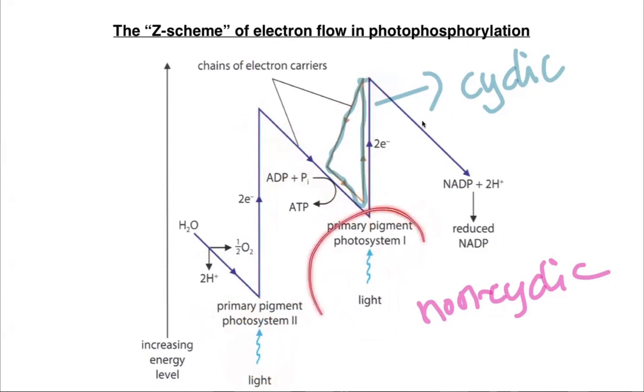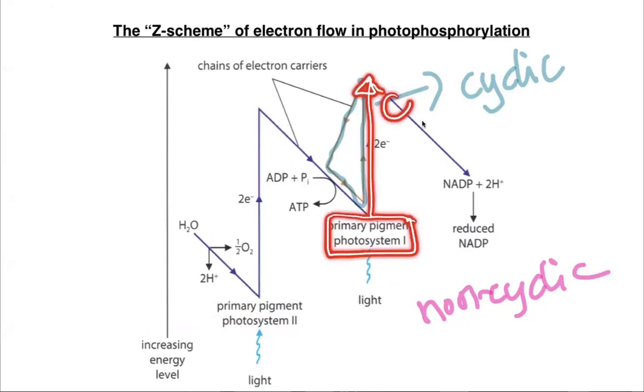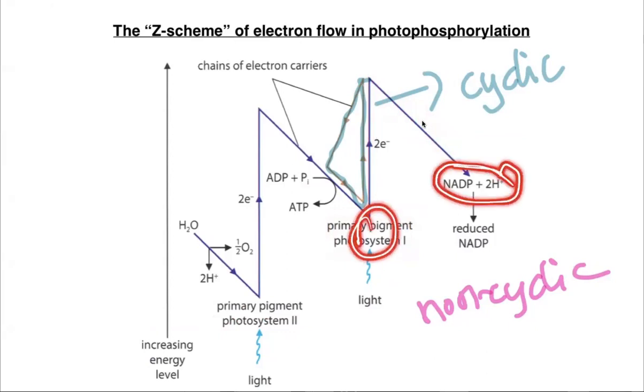If we start from here, for the non-cyclic part, photosystem 1 absorbs light energy, the electron gets excited, and then is transported across the electron transport chain. Here, you can say there's ATP being produced as well. And ultimately, that electron from photosystem 1 will be accepted by H plus combined with NADP to form reduced NADP.